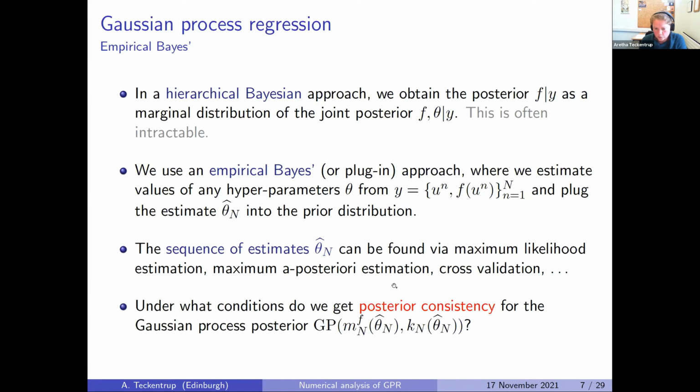What we're really focused on is the posterior consistency that I was talking about in the beginning. So what happens as n tends to infinity, and in particular, does the fact that we have to estimate these hyperparameters influence whether we're able to recover the true function f as n tends to infinity or not? Okay.